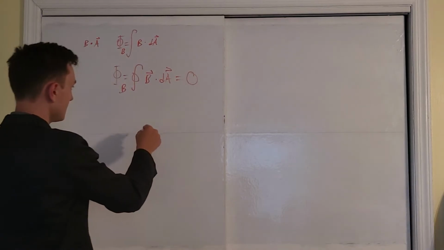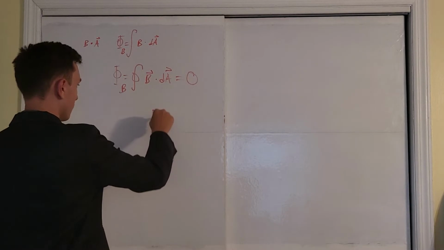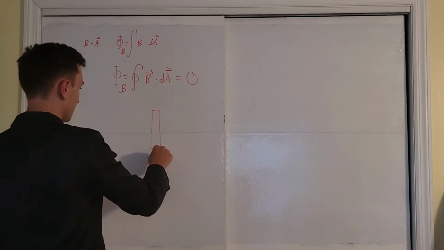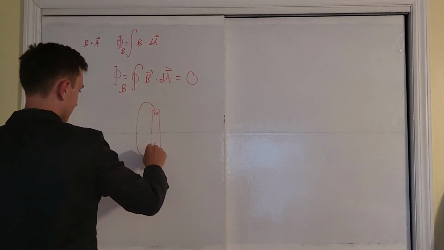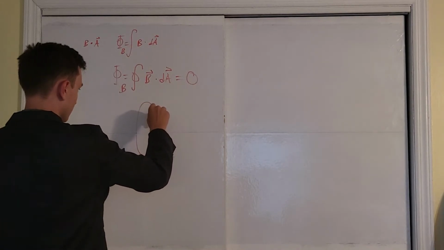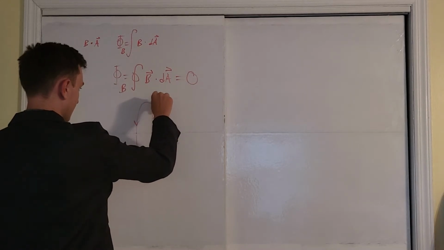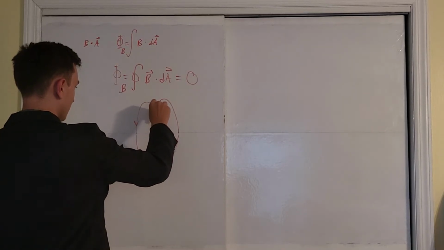Because if I were to draw a magnet, let's call it a bar magnet, where I have my magnetic fields, of course, going from north to south, making also a complete loop through the magnet. So, of course, the magnetic field lines flow like this, outward, circularly in all directions.